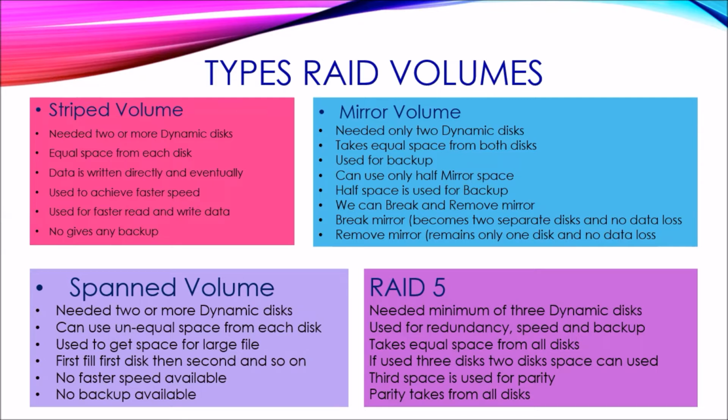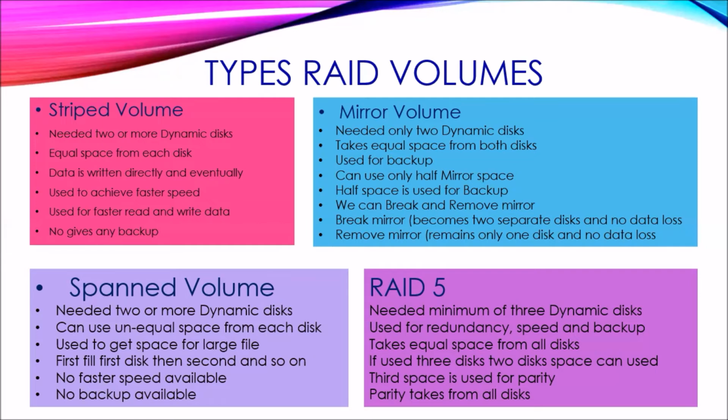For example, if we have taken 10 GB from drive 1 and 10 GB from drive 2, in total we have created a volume of 20 GB, but we can use only 10 GB for data storage, and the remaining half is used for backup purposes. We can break or remove a mirror volume at any time. In case of break mirror, it becomes two separate disks with no data loss. In case of remove mirror, only one disk remains, with no data loss.